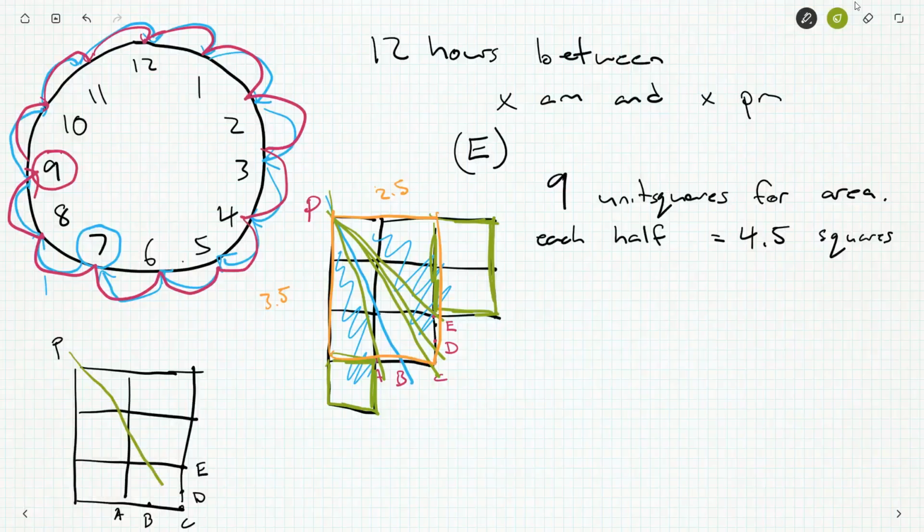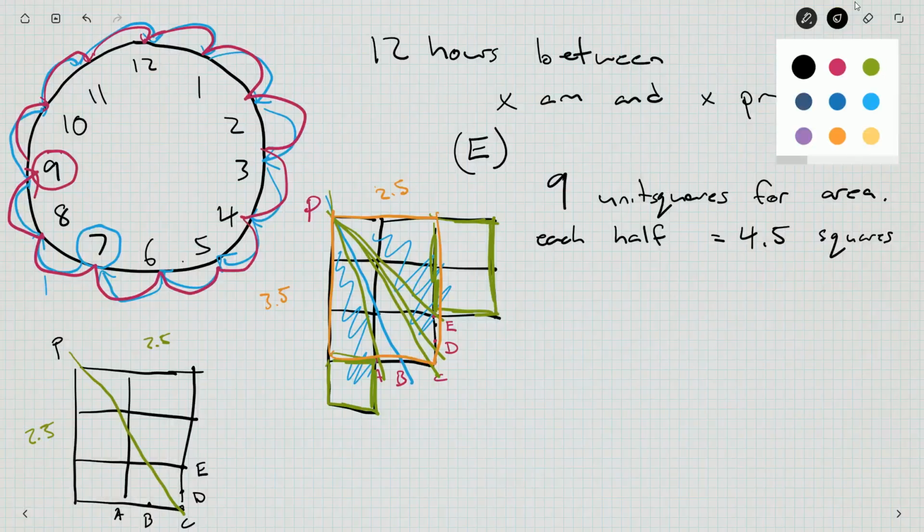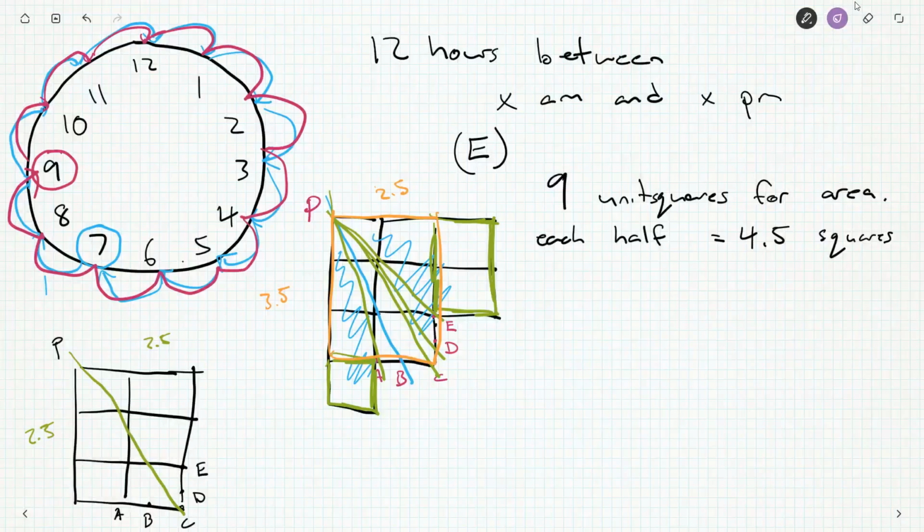Well, let's look at our middle option, going right through C. Right through C is going to split this in half, 3 and 3, because the total area is 6, and P to C is a diagonal. It's going to split the rectangle right in half. But we don't want that. We want a little less on the top triangle and a little more on the bottom triangle, and that rules out A, B, or C.